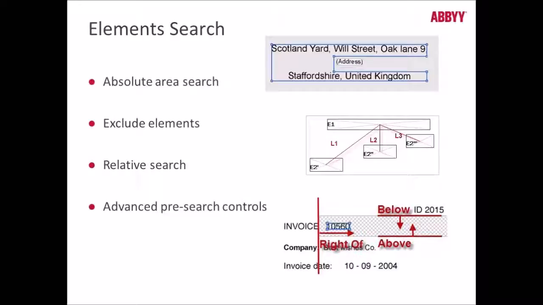A correctly defined search area will reduce the number of alternatives and save the program from needing to examine and compare too many objects. A search area for elements is defined by a set of search constraints and relations. It tells the program where to look for the object described by the element.